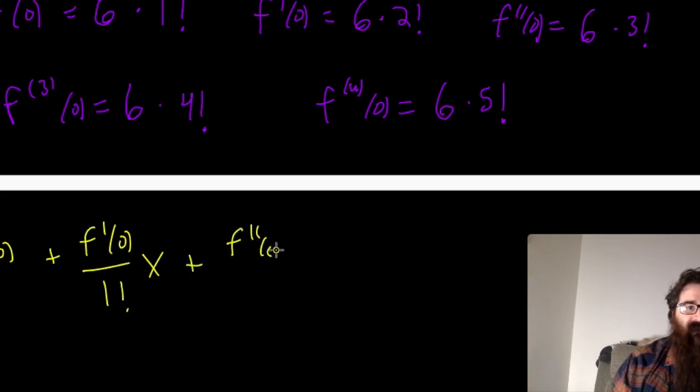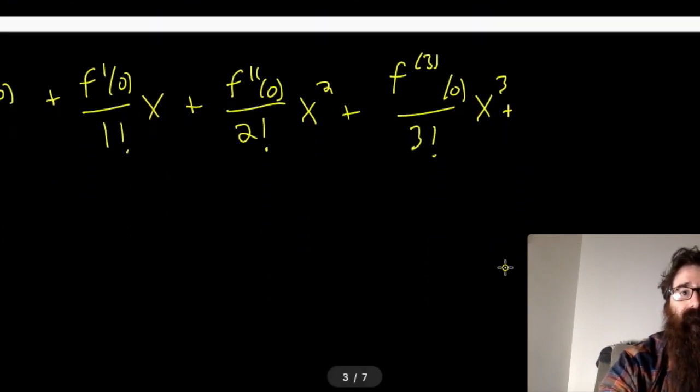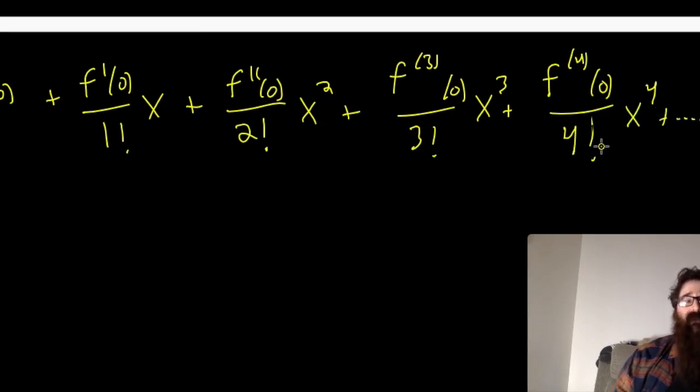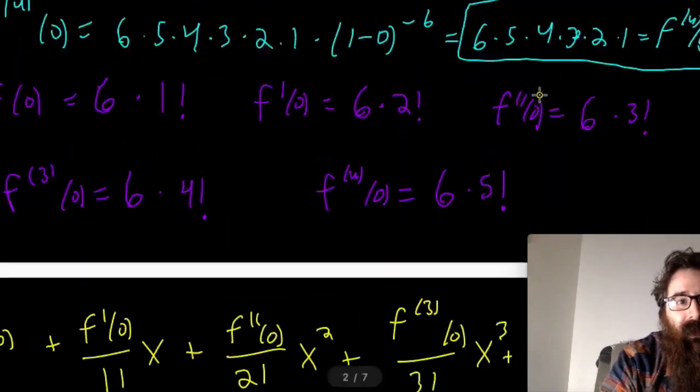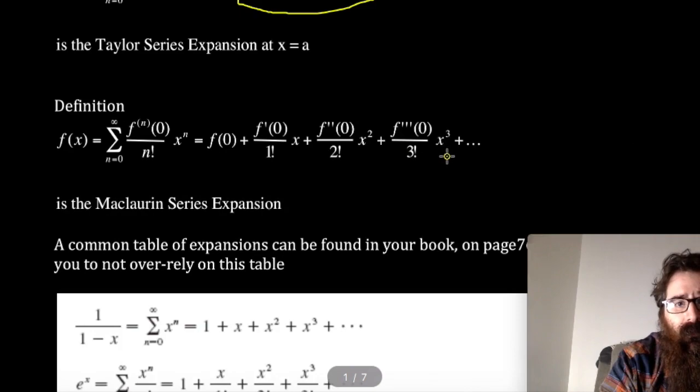Then I want f double prime at 0 divided by 2 factorial times x squared. Then I want my third order derivative evaluated at 0 over 3 factorial times x cubed. And then I want my fourth order derivative evaluated at 0 divided by 4 factorial times x to the fourth, and then so on and so forth. If I had more of these terms, I would use them. And this is just the familiar definition that we had on this first page, right here. I'm just writing this out.